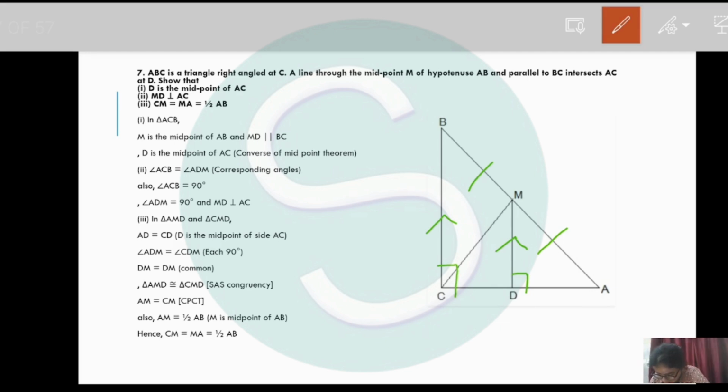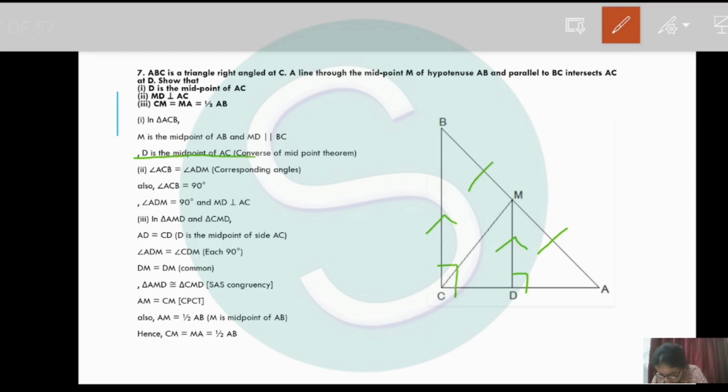Now we have to prove that D is the midpoint of AC. So in triangle ABC, this line MD is parallel to BC and M is the midpoint of AB. So this implies by converse of midpoint theorem, D is also a midpoint of AC. So we proved the first part here, that D is the midpoint of AC.